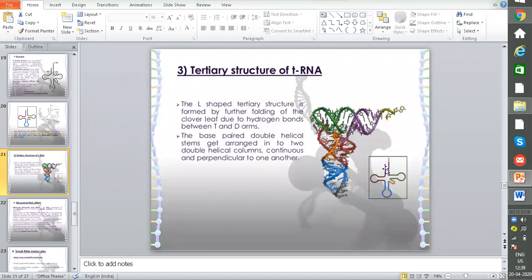One helical structure is formed with the D arm and acceptor arm, and another helical structure is forming with the D arm and anticodon arm. So finally, an L-shaped or perpendicular shape of tRNA will be produced. This is called the tertiary structure of tRNA.